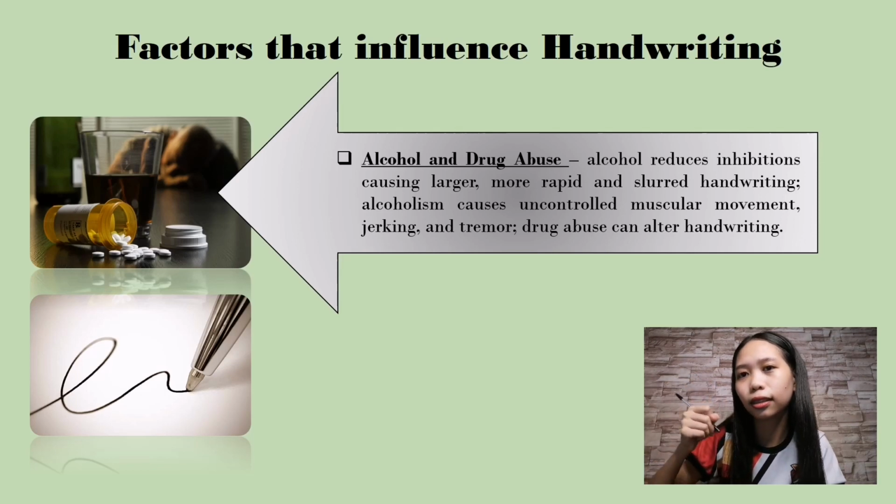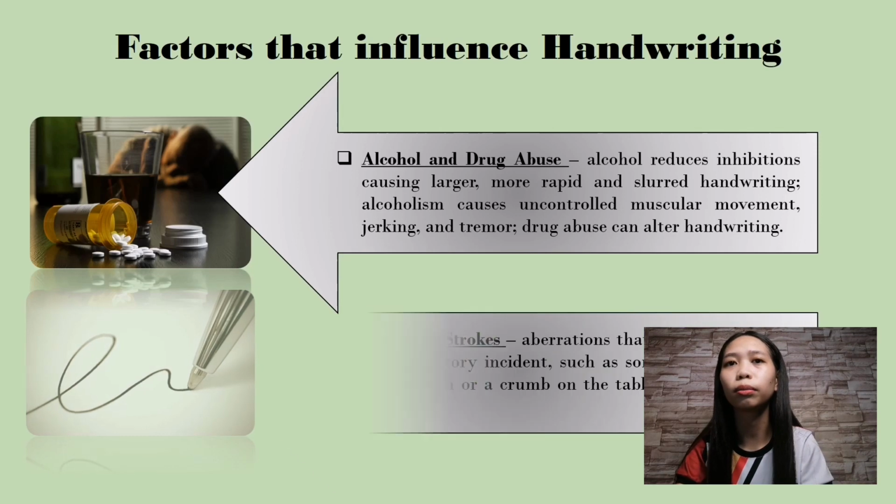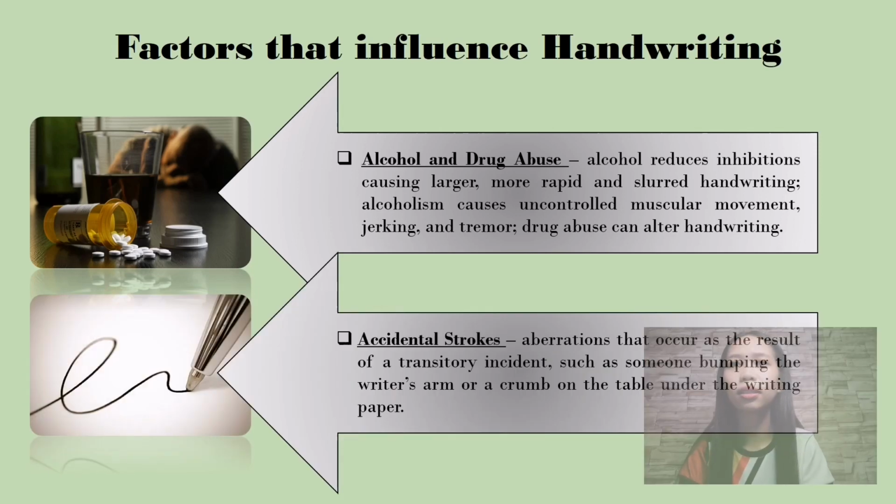Drug abuse can alter handwriting as well. Accidental strokes, aberrations that occur as a result of transitory incidents such as someone bumping the writer's arm or a crab on a table under the writing paper.